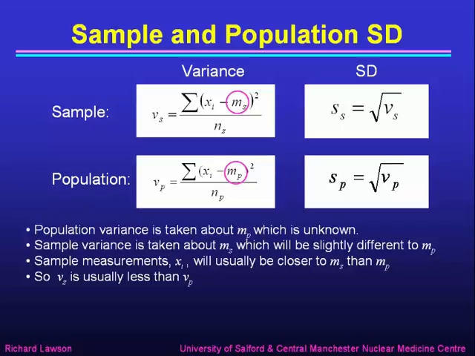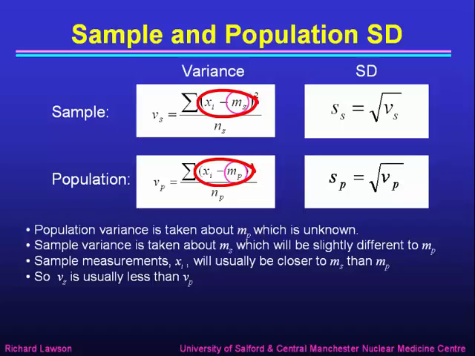Now, if we think about it, the sample measurements xi in the calculation of the sample variance will be usually closer to the sample mean MS than to the population mean MP, because the sample mean is derived from those measurements to be the average of those measurements.